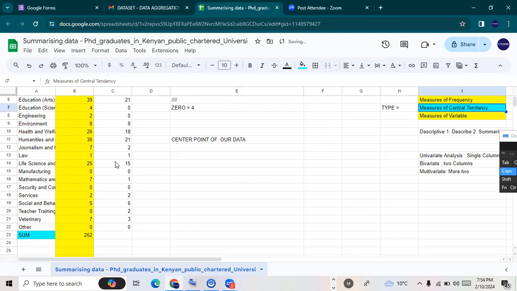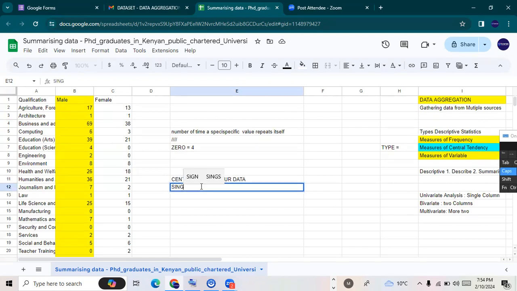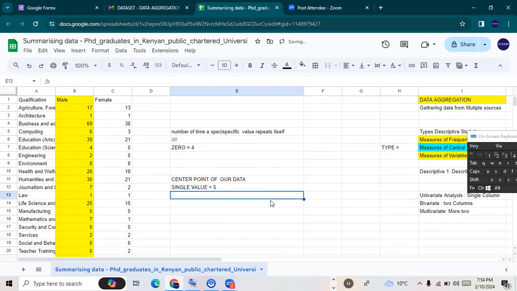So over here, we are looking at the center point of our data. That's the measures of central tendency. How do we find the center of the data? If we take the male column, for example, which number is the center? And always, to find the central tendency, we are only looking at a single, please let's take note of this keyword, single value. Maybe for example, 5. Just a single value is going to give us the center point of our data.